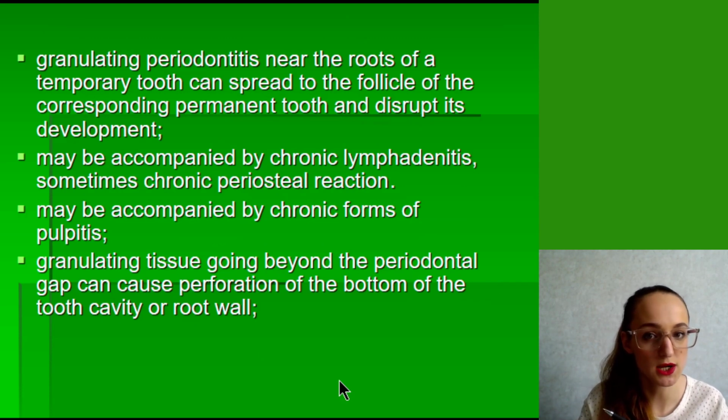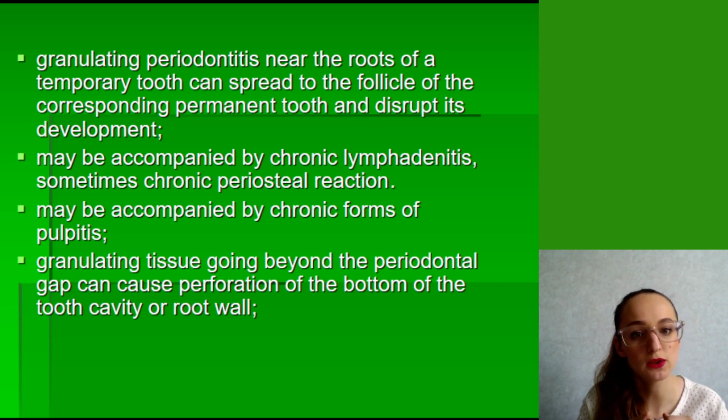Granulation periodontitis. In this form, when you do an X-ray, you can see near the roots of the temporary tooth spread to the follicle of the corresponding permanent tooth and disrupt its development. It may be accompanied by chronic lymphadenitis and sometimes chronic periosteal reaction.